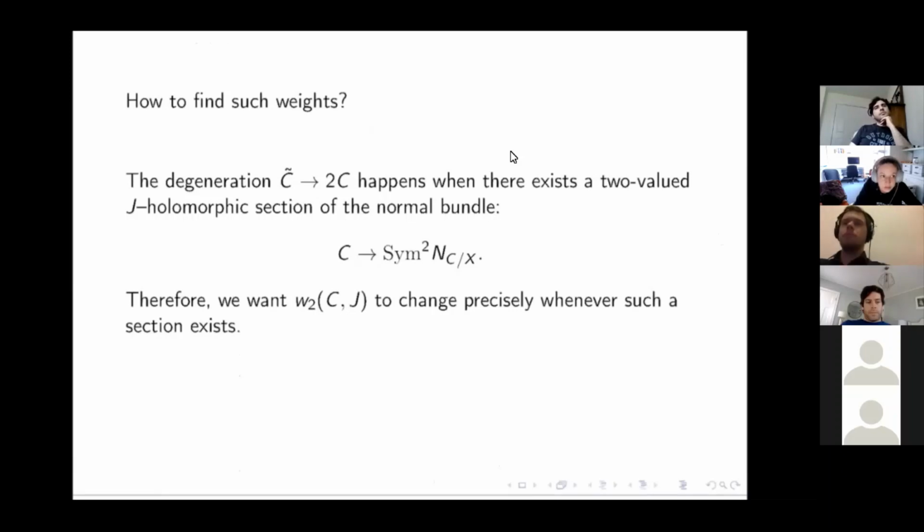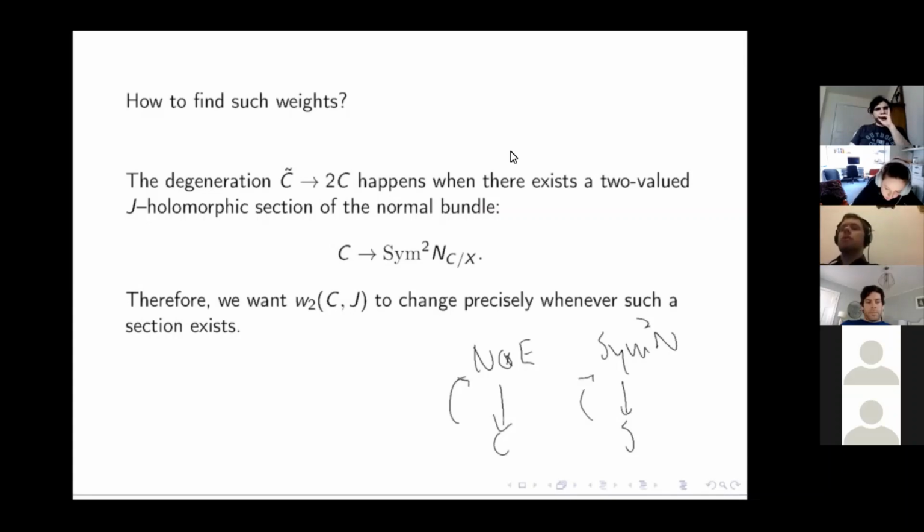For that, we need to understand when such a degeneration happens. And I already said that this happens exactly when there is a 2-valued section of the normal bundle. There are many ways you can look at these 2-valued sections. You can either look at it as a section of N twisted by some orbifold local system, or a section of the second symmetric product of the normal bundle.